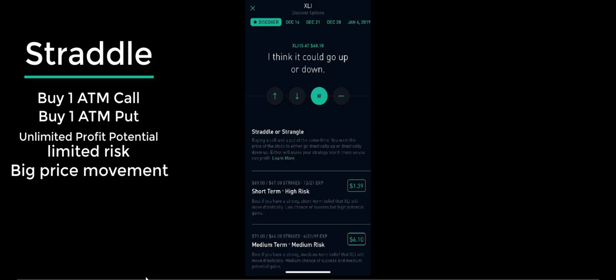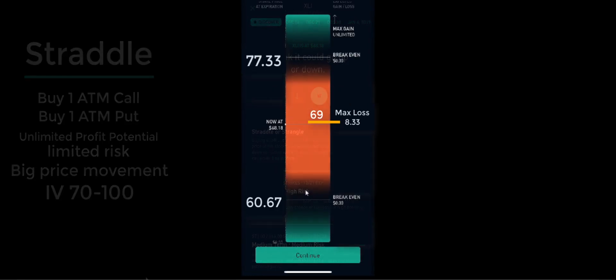Again, the rule of thumb is only get into one of these contracts when your implied volatility is 70 to 100. Yes, you can have a little wiggle room if it's around 65 or so. It's your judgment call, but typically you can make the most money, and these work the best, in that 70 to 100 range. So we're almost done.